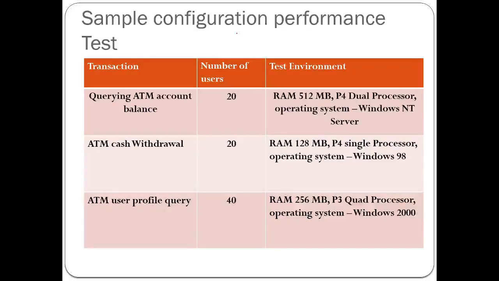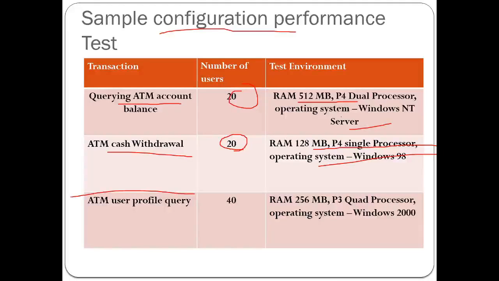Sample configuration performance test. This is querying ATM account balance, number of users, and test environment. This is the performance test which is conducted, and the test environment it was run under is specified here: operating system Windows NT, and server. ATM cash withdrawal for 20 users, and this is the test environment for that.